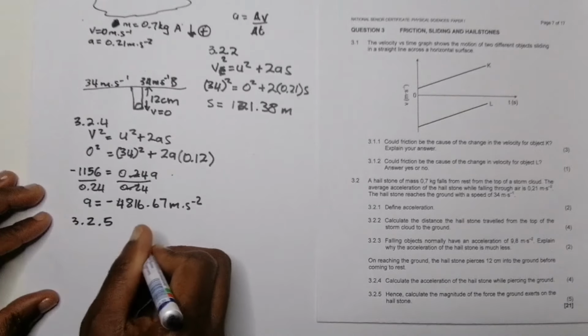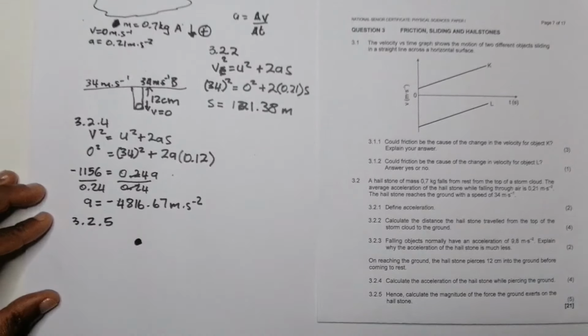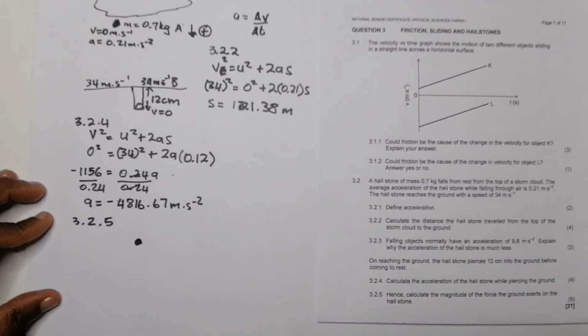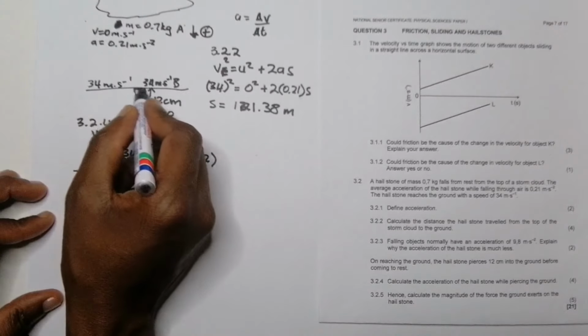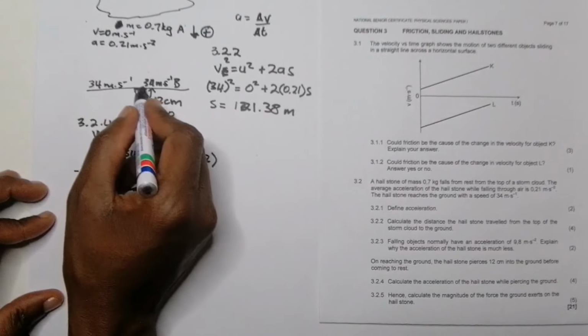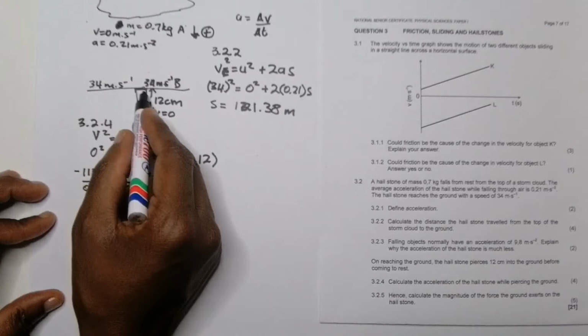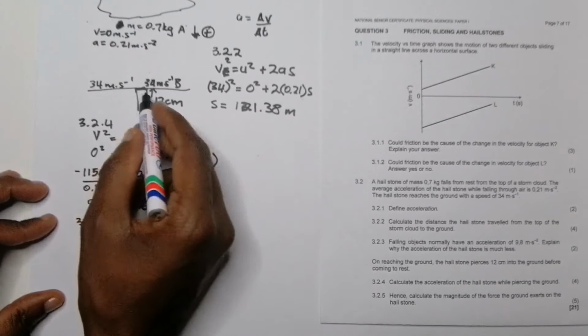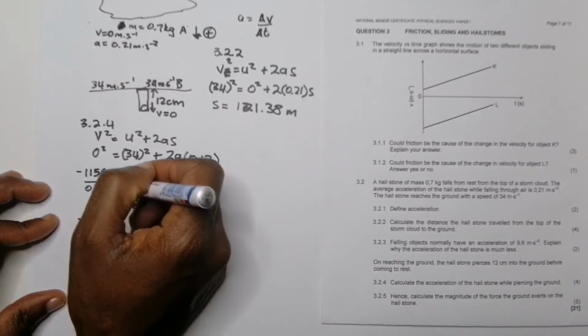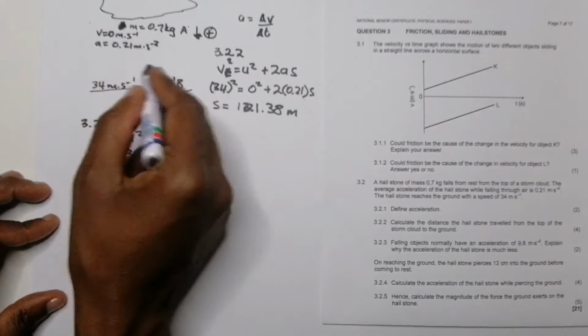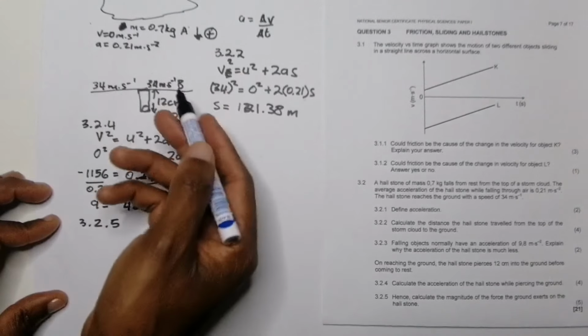Now remember what's actually happening here. We are looking at two things. One, the hailstone, the moment that it actually hits the ground, there's not just the force of gravity, meaning the earth pulling it down, and there's no longer air friction, remember that, because it's not in the air.